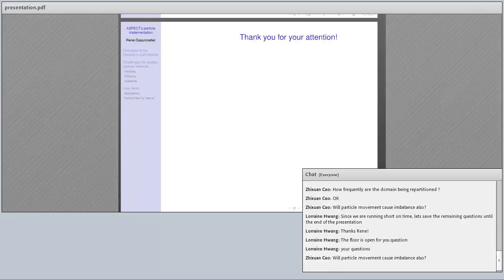Actually, that's a good question. Even if you only generate an adaptively refined mesh at the beginning of the model run and then never change it afterwards, you will want to do repartitions later on.